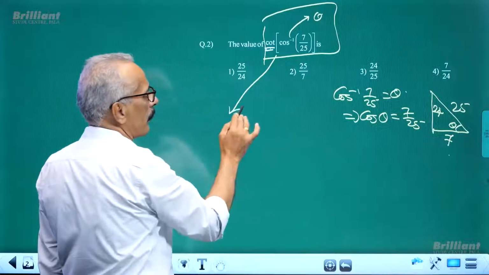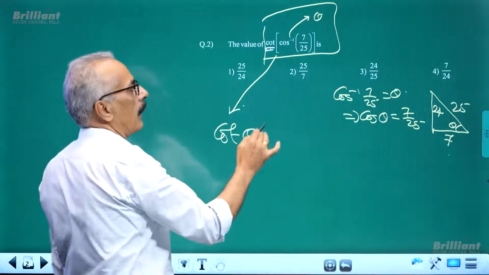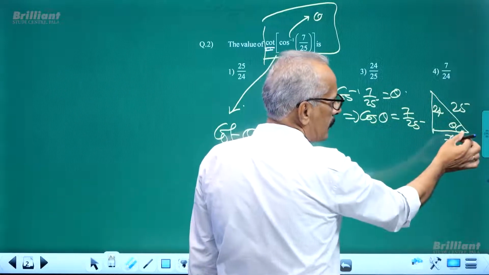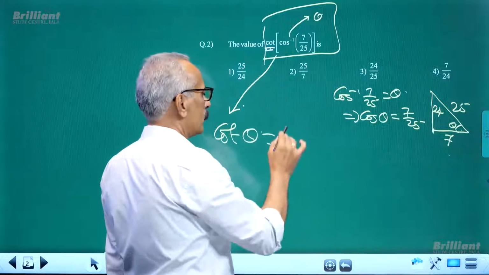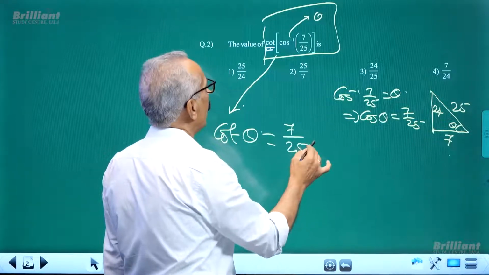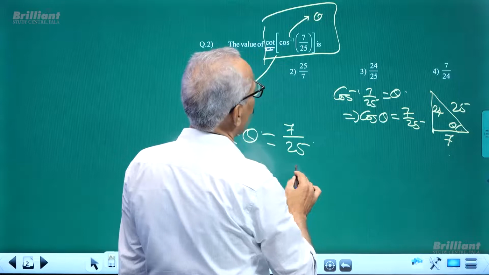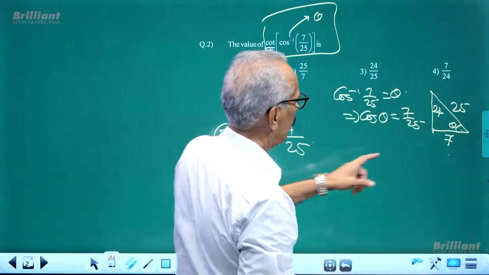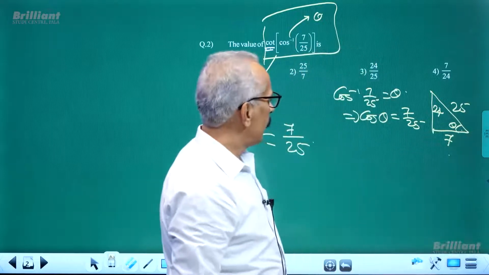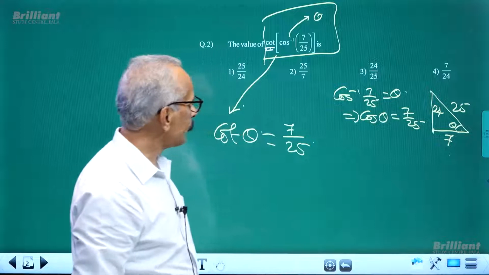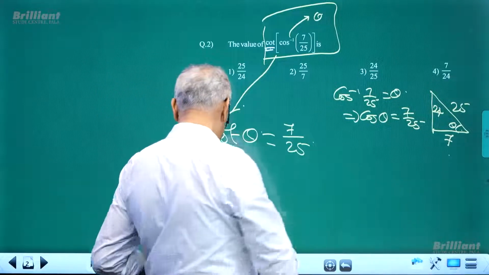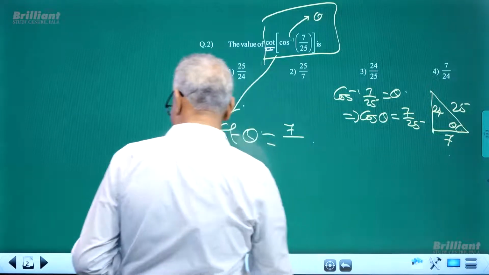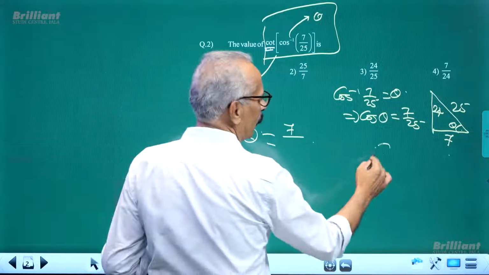The question will be reduced to cot of theta. From the triangle, what is cot theta?